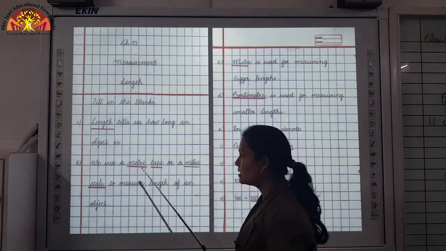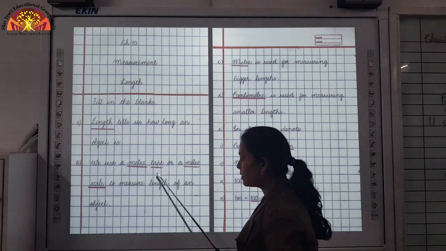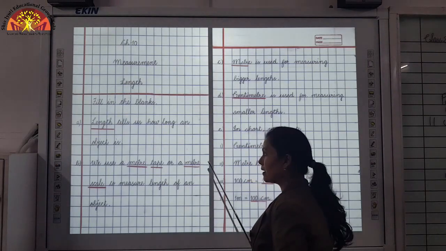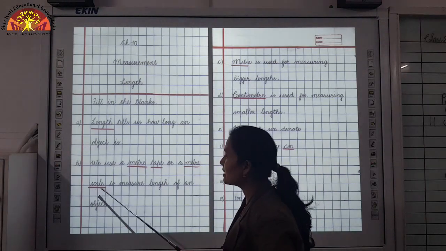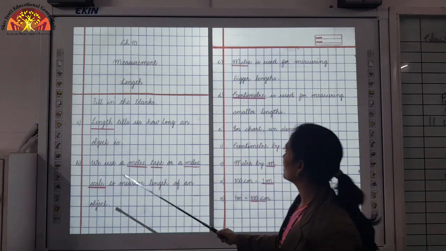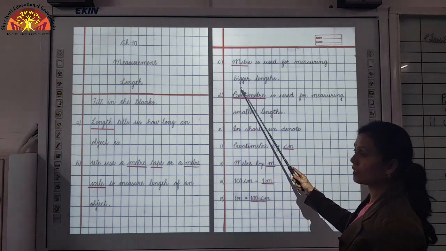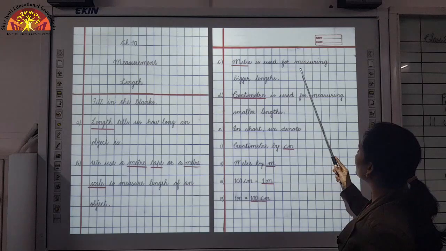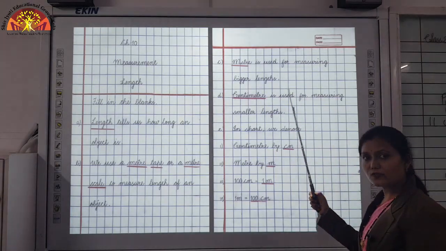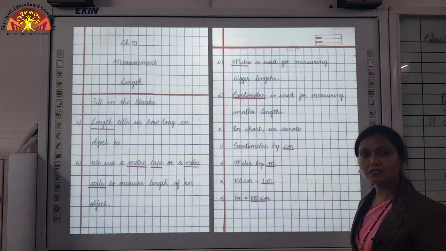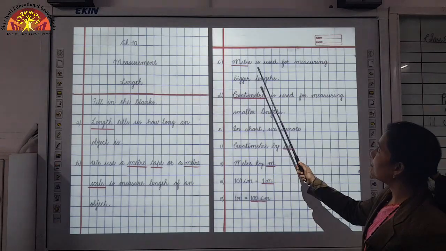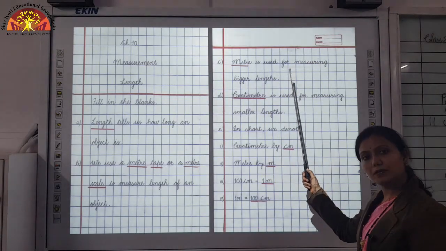M-E-T-R-E meter, T-A-P-E tape, M-E-T-R-E meter, S-C-A-L-E scale. Next, C. Dash is used for measuring bigger length. So as we have studied, bigger lengths are measured in meter. M-E-T-R-E meter.